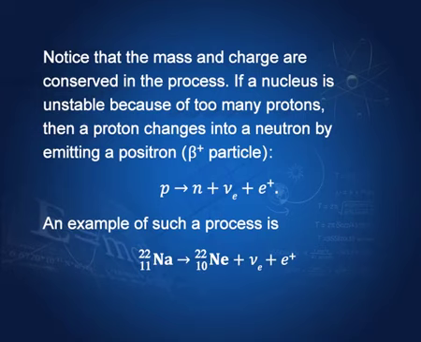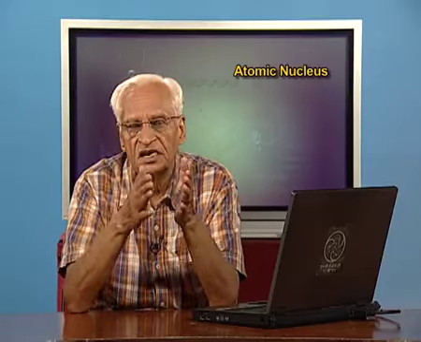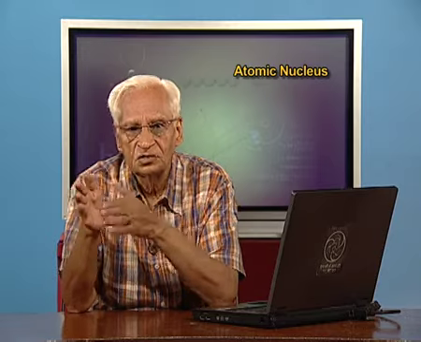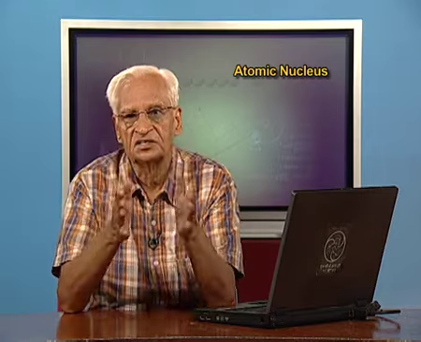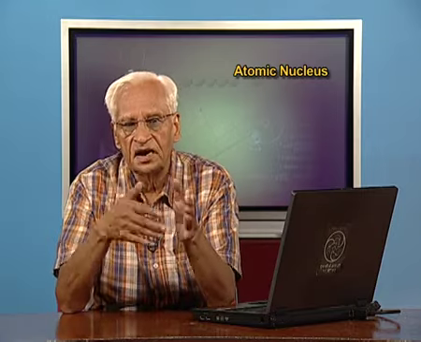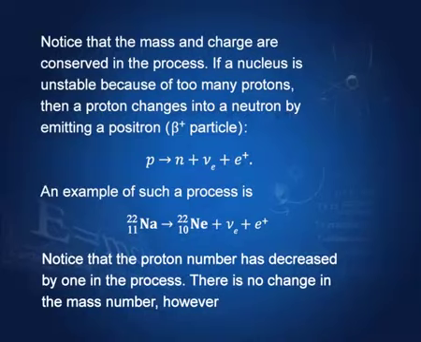The total mass on this side is equal to the mass of the proton. When we say total mass, we always mean mass energy, Einstein's principle of mass energy, E equal to mc square. So, when we talk of mass, actually we are talking of the total energy. Energy by c squared is mass. So, the total on the two sides would be found to be equal.